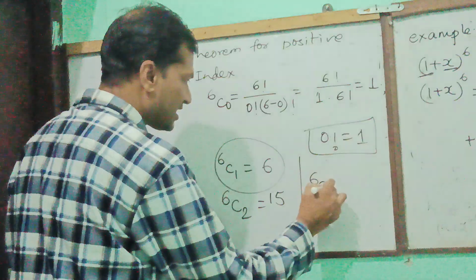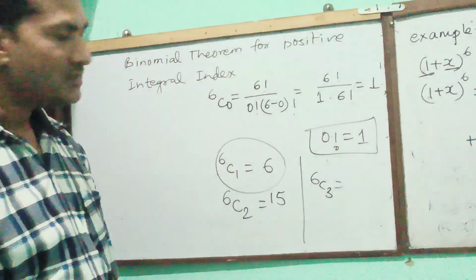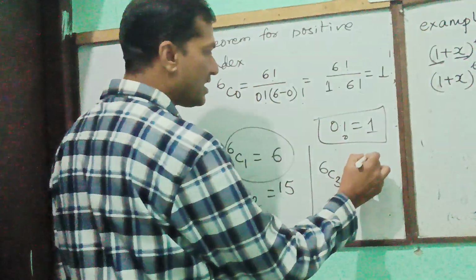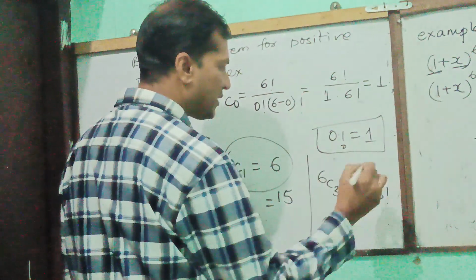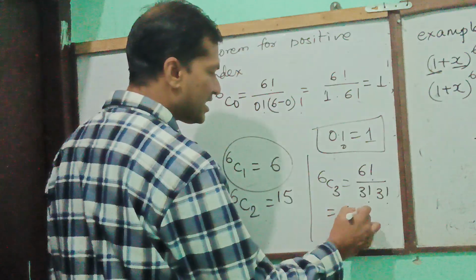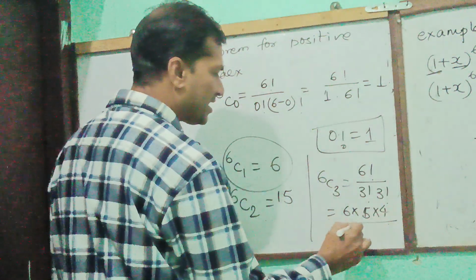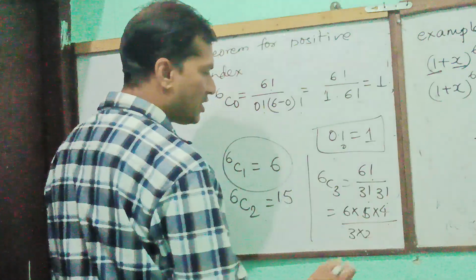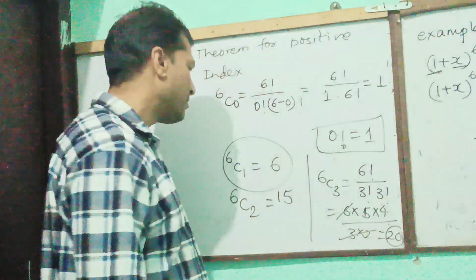6C3, it means how much here? 6C3 means 6 factorial by 3 factorial into 3 factorial. So 6 into 5 into 4 divided by 3 into 2. So the 6 cancels, and this is ultimately coming 20.